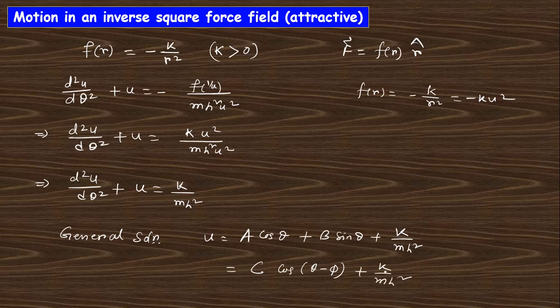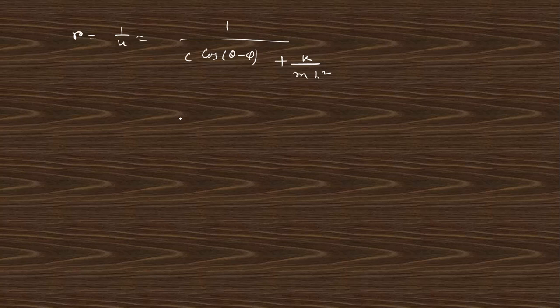This is the solution, where c is the square root of a square plus b square and phi is tan inverse b by a. Clear? So this is u. You can see r will be 1 by u. So this is nothing but 1 by c cos theta minus phi plus k by m h square. This is the solution of this.